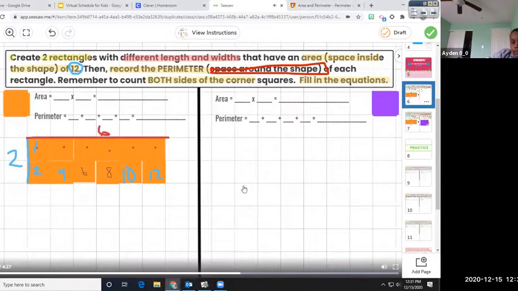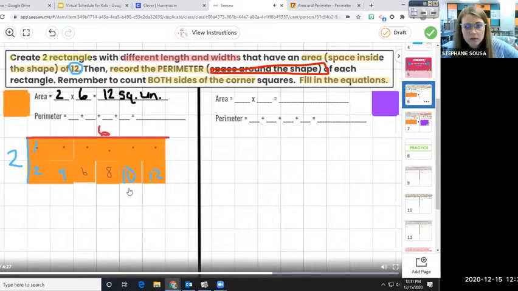So the dimensions that I used to find an area of 12 are 2 times 6 is equal to 12. And again, we have to have our label that tells us we're working with area. Otherwise, it could be confusing and perceived as perimeter or some other type of object.